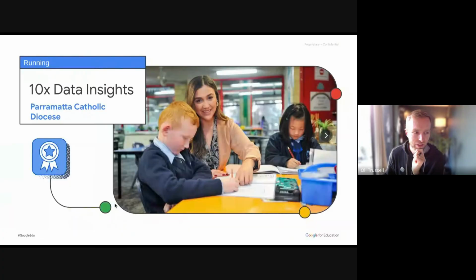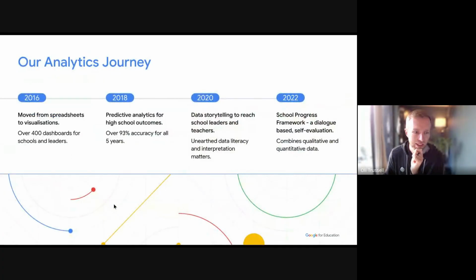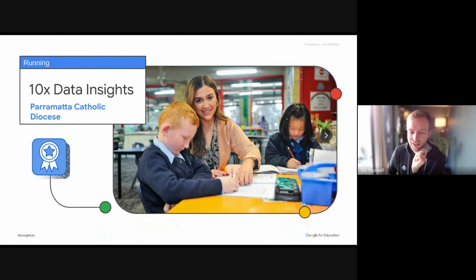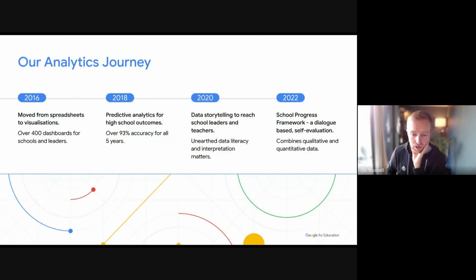And then I'll just very quickly finish with a couple of case studies. This dashboard, I think we can share, Peter, afterwards as well. But there's a really great Parramatta Catholic Diocese in Australia. We have a full case study of this.